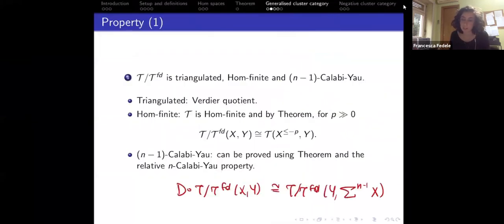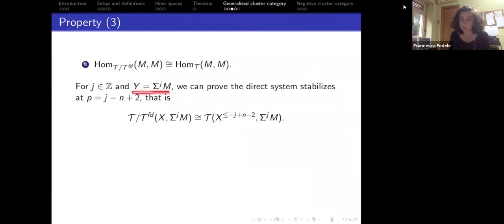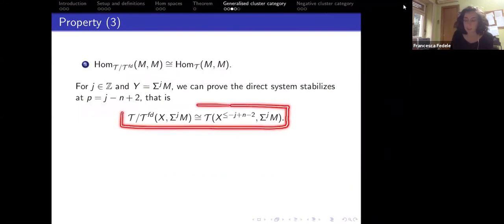And the special case of Y is when Y is a shift of M. So if Y is sigma j of M, then the system is stable from p equal to j minus n plus 2. And so that means, applying our theorem, that we have this isomorphism.